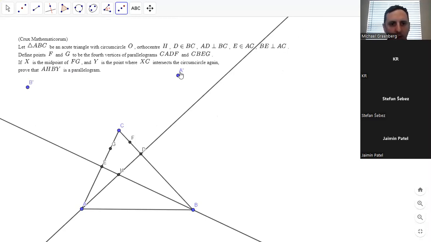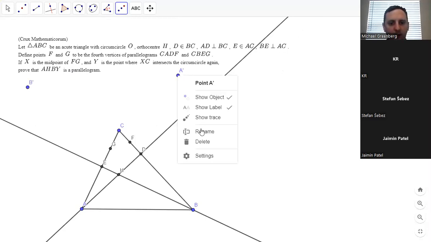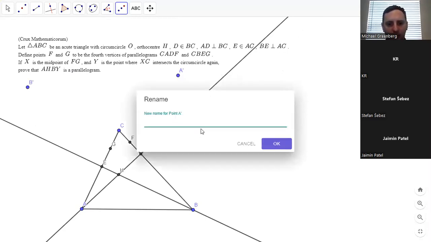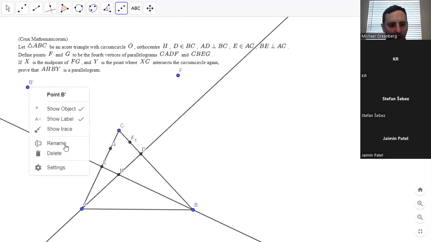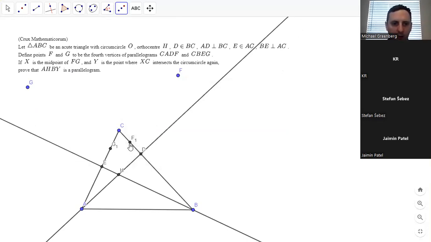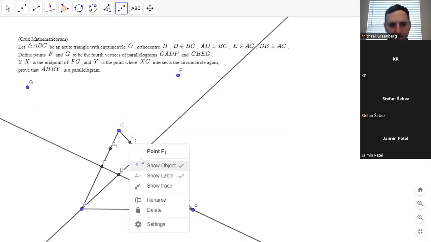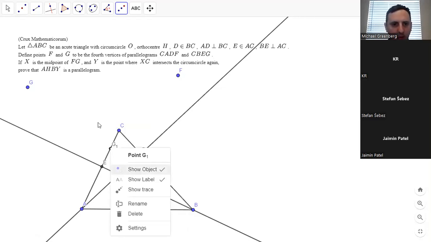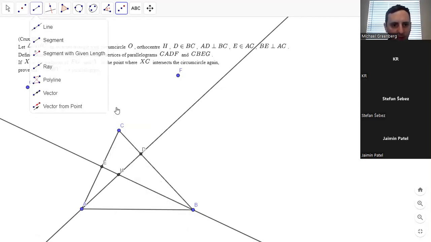So this should be F, and this should be G. I'm going to hide these two. Let me draw the parallelograms.